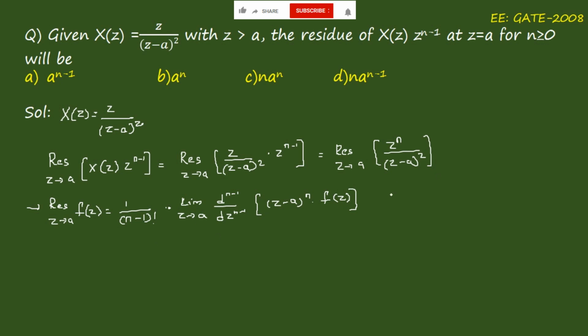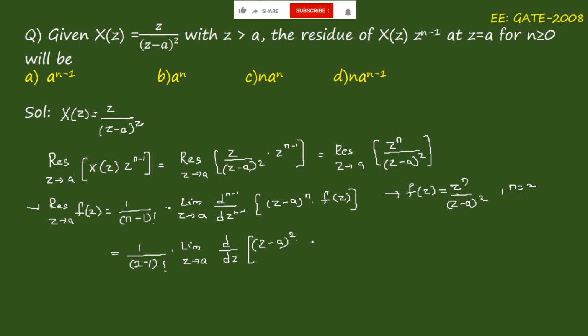Now when we equate both of them, we get that f of z is equal to z power n by z minus a whole square, and we get n is equal to nothing but 2. Right. So we just substitute it. We get 1 by 2 minus 1 whole factorial into limit z tends to a d by dz. As n is equal to 2, we have to differentiate one time, z minus a whole square into z power n by z minus a whole square.